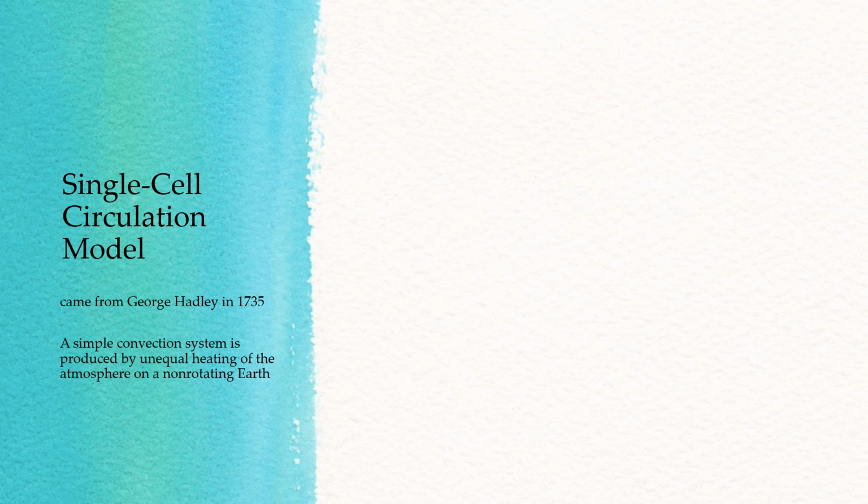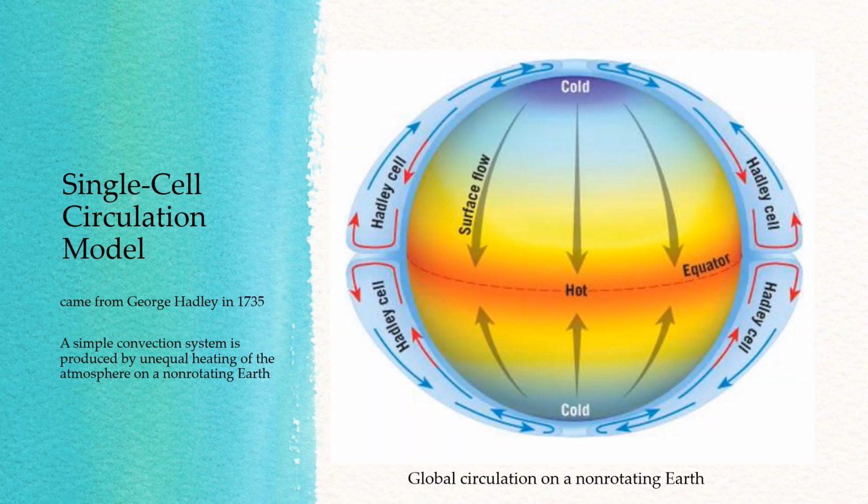George Hadley proposed that large temperature contrasts between the poles and the equator create a large convection cell in both the northern and southern hemispheres. As what you can see, this is a global circulation on a non-rotating Earth.